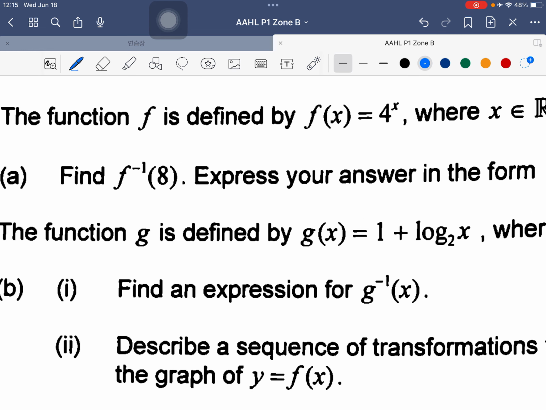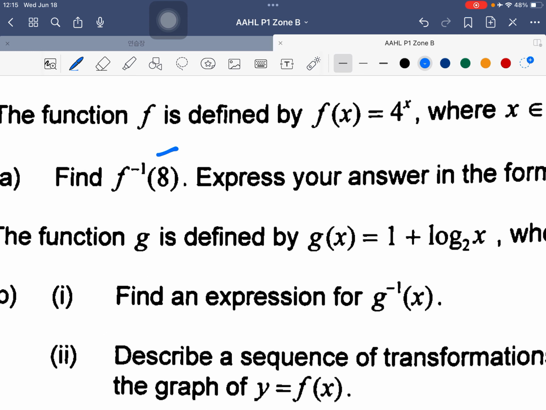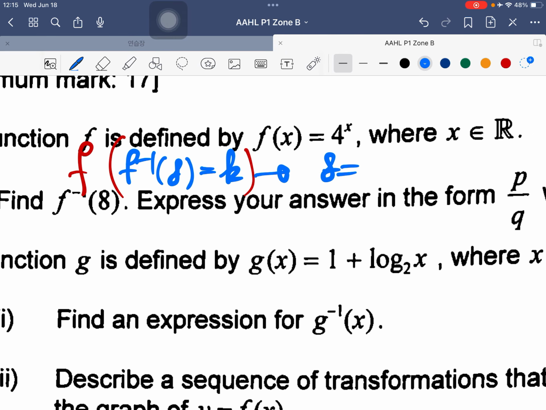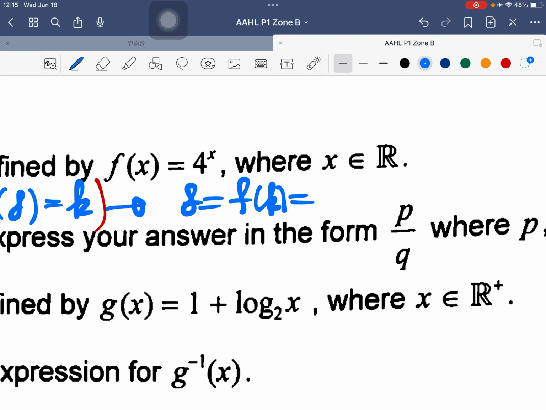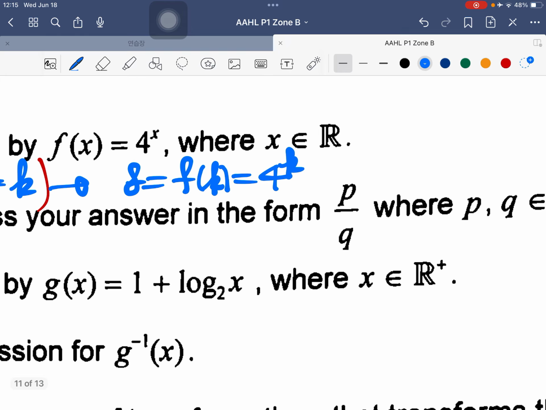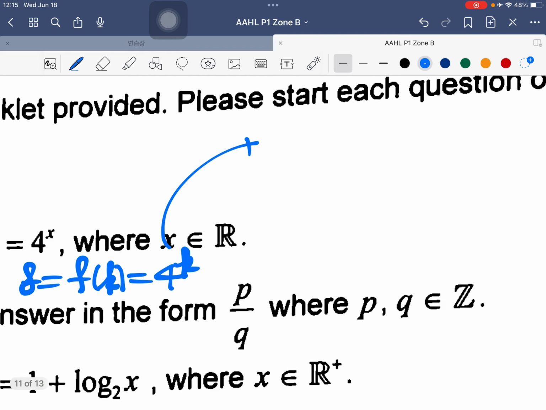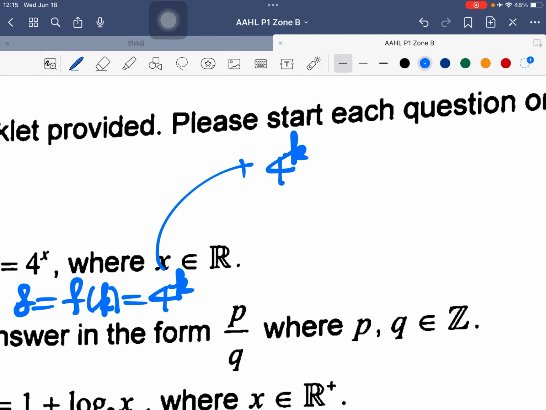So for this question, we can just define f inverse of 8 as k, and then we put f of x on both sides, and that will give us 8 equals f of k, and f of k means 4 to the k, right? So here we can say 4 to the k power equals 8.